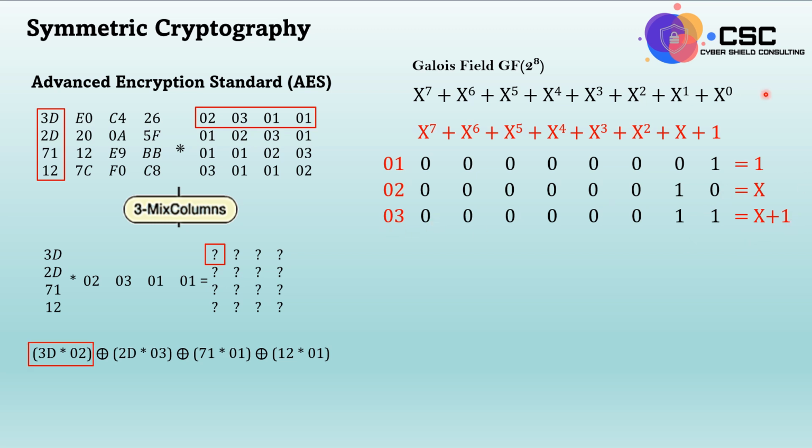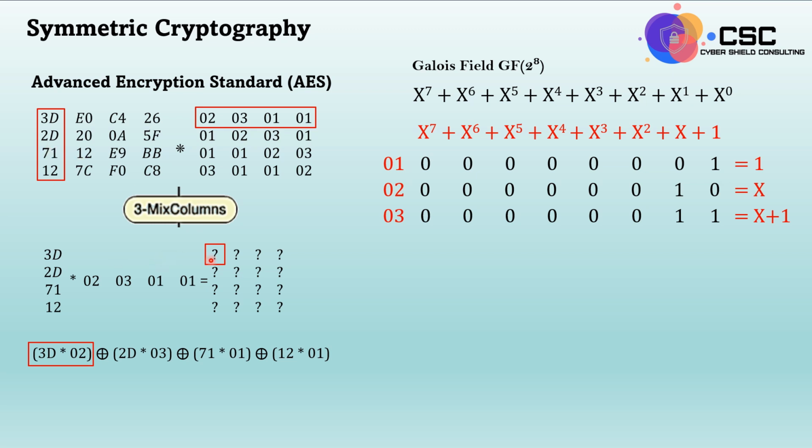So what we'll do next, this is the calculation we have at the bottom left. So we have 3d times 0, 2. So what that means, we are taking the first column in the matrix. This is the last output we got from the previous step. So we take the first column, we multiply by the first row, and this will give us the first value in the first row and the first column.